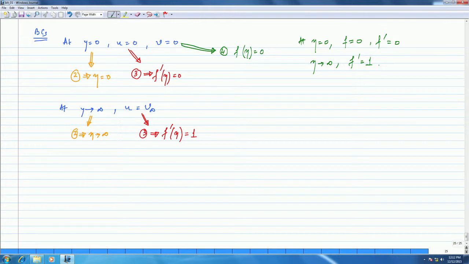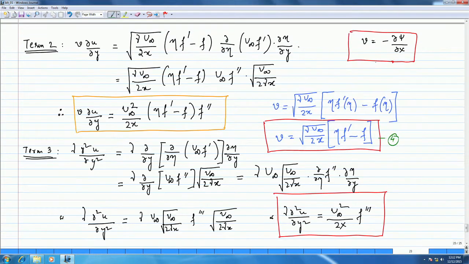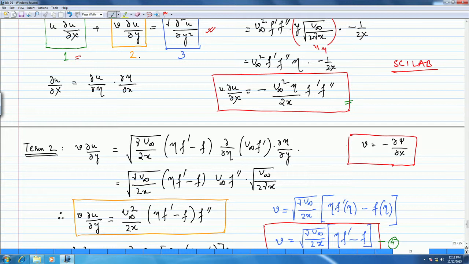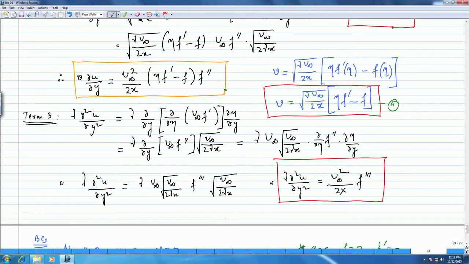So if we put this together, the boundary layer equations. u del u del x is this term here, v del u del y is this term here, and it is equal to nu del 2 u del y2, which is this term here.